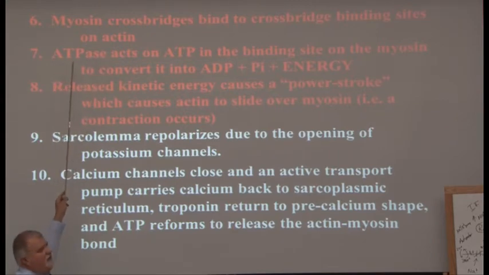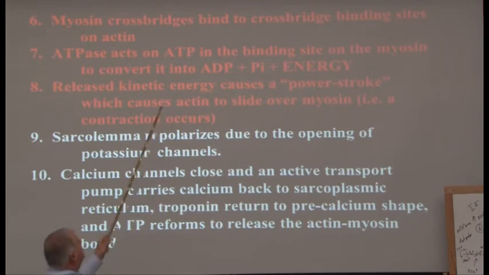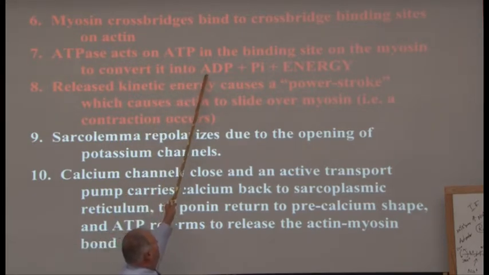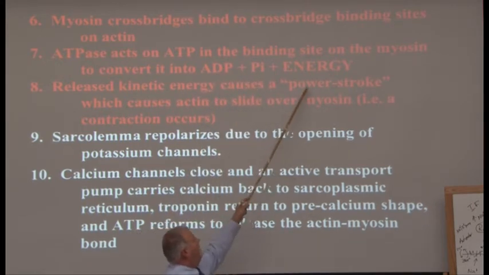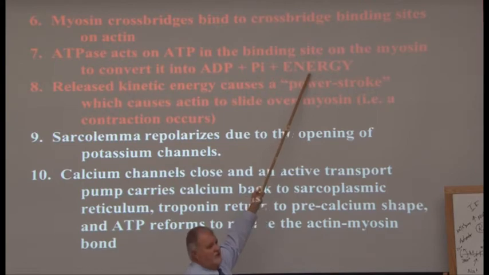So instead of writing out adenosine triphosphatase, I just put ATPase as an indication that it's an enzyme. So we actually have an enzyme that allows us to take ATP, convert it to ADP plus phosphate. And anytime we do that, we release energy.